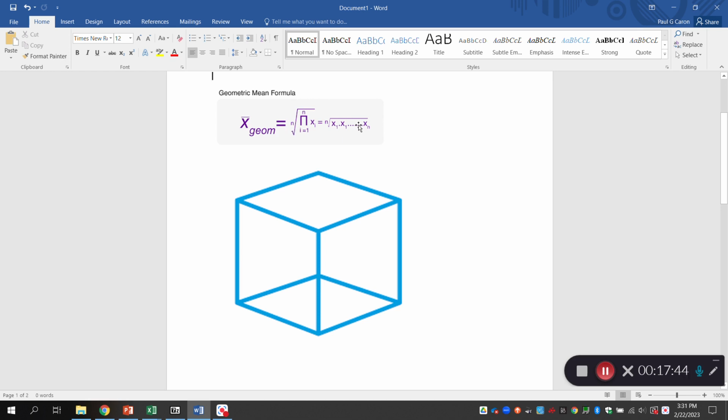So if you had 50 numbers, you would multiply all 50 numbers, and then you take the 50th root of that. This is where you can't do this by hand, so you'd have to do it with a calculator. But again, we have ways to do it on Excel and on Google Sheets. And what we're trying to find, it's used in economics, and I'm not an economics professor, so I do not have the knowledge of how to use this.